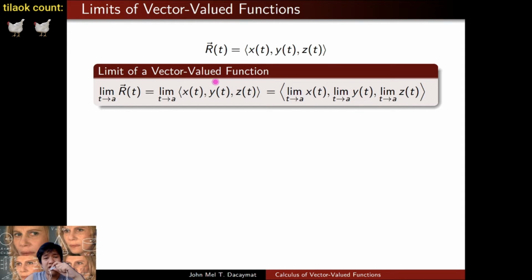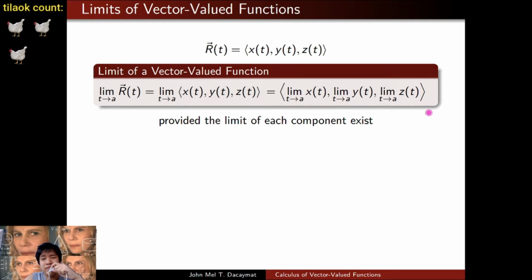This is the definition, provided that the limit of each component exists. So the limits of x, y, and z as t approaches a must exist. Otherwise, if at least one of the three does not exist, you say that the limit of your entire vector valued function R does not exist.